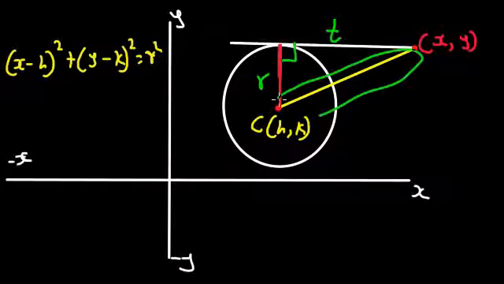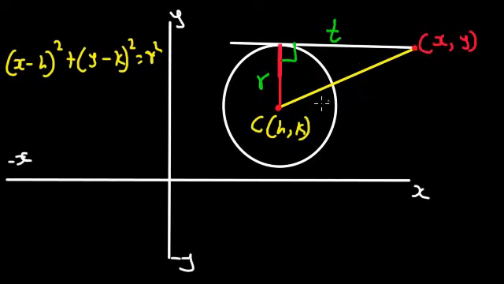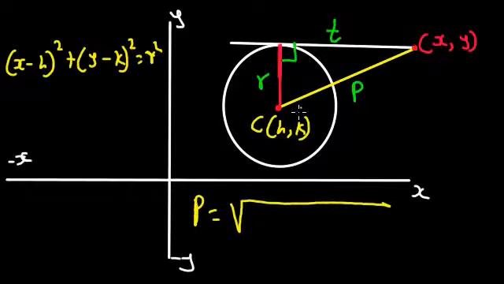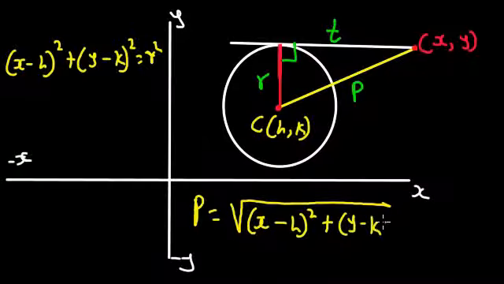This yellow line, its distance can be determined using the distance formula. As you can see, we have the coordinates C and we have the coordinates x, y. So if I call the length of the yellow line p, notice that p would be equal to the square root of x minus h all squared plus y minus k all squared.